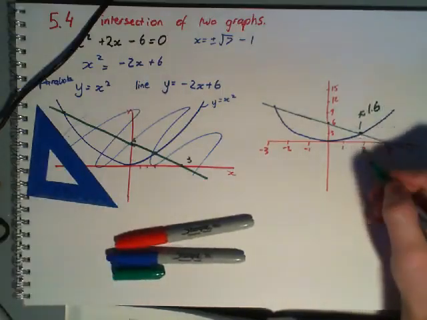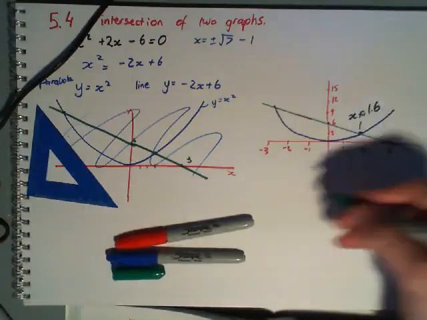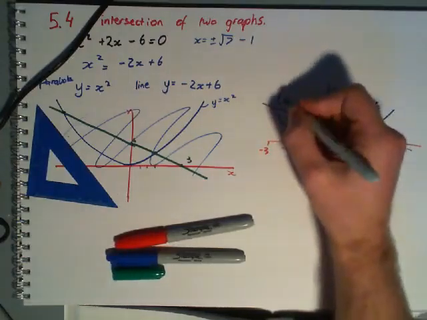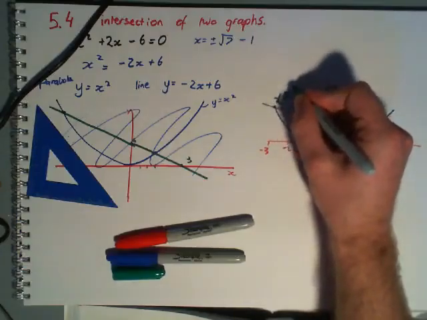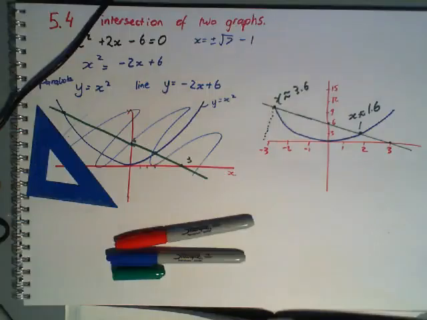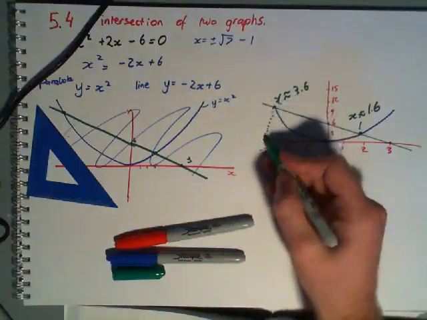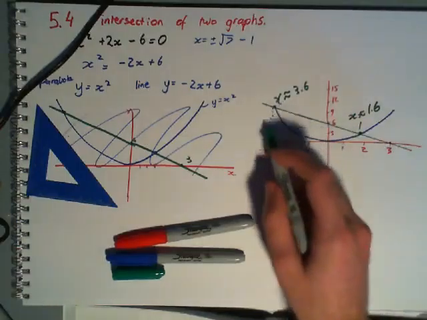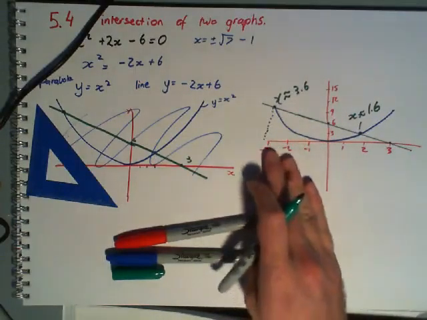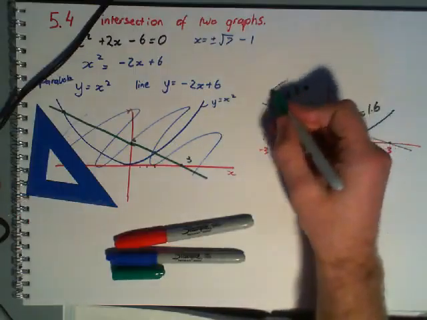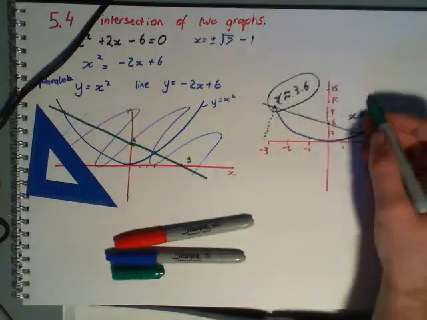So go one across, that's our x. And this one, I haven't done it very well, but if we use graph paper, x should be roughly about minus 3.6, and we just read that off from the graph. It's a bit off, but it's just how I've drawn the graph. These aren't very spaced out properly. So just reading from the graph, we get our 2 x coordinates.